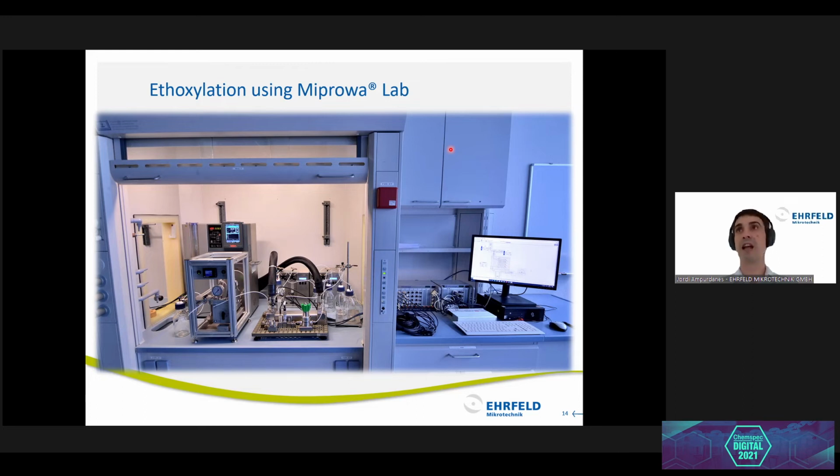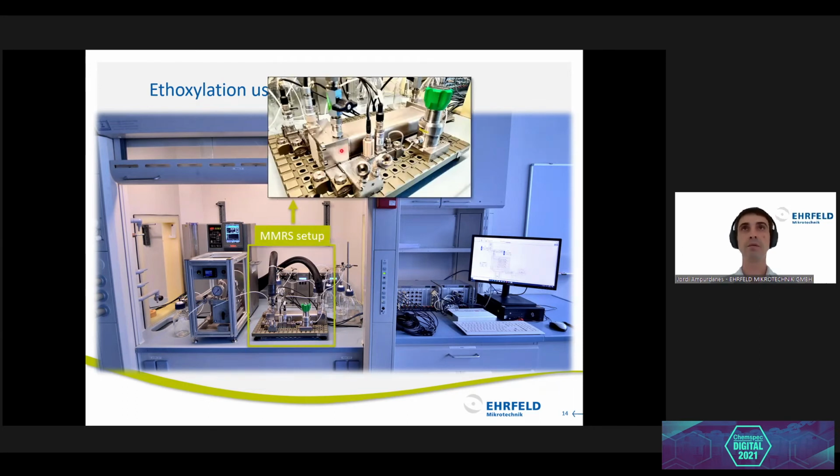This is a demo system, because most of the times when we run ethoxylation projects, we do it at client side. Here we have the MMRS setup, including the MyProva reactor, heat exchangers, back pressure regulators, and sensors.